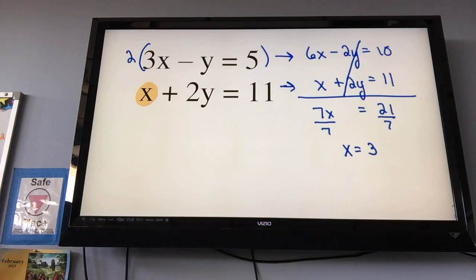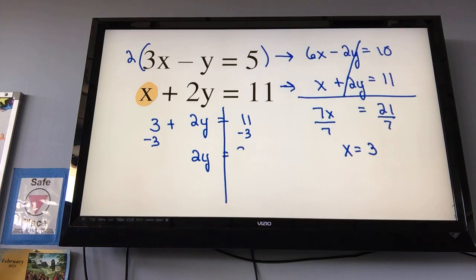The one where I highlighted. So 3 plus 2y equals 11. Subtract your 3, 2y equals 8, and divide by 2, and y equals 4.